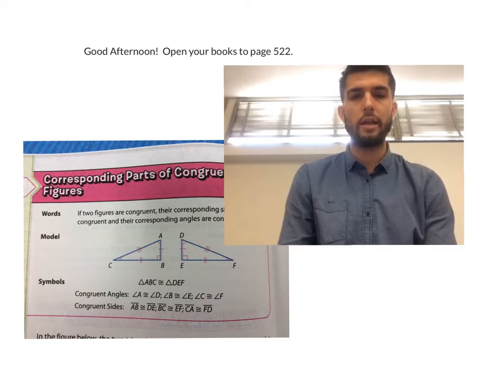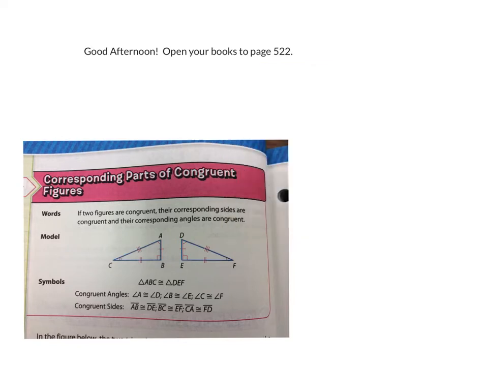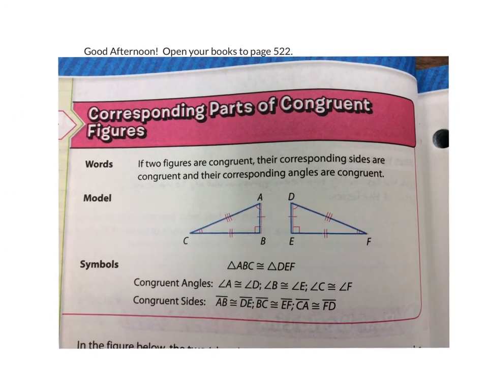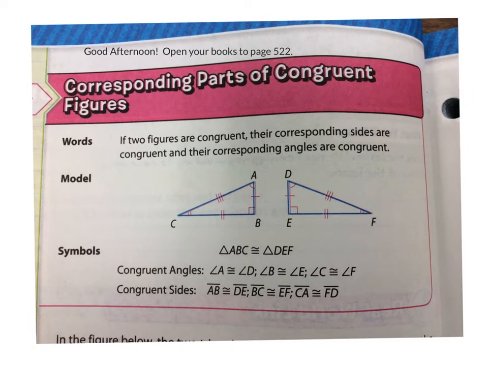So on page 522, you should see a picture that looks like this. Talks about the definition of congruent figures and their corresponding parts. So right here in words it says, if two figures are congruent, their corresponding sides are congruent, and their corresponding angles are congruent.